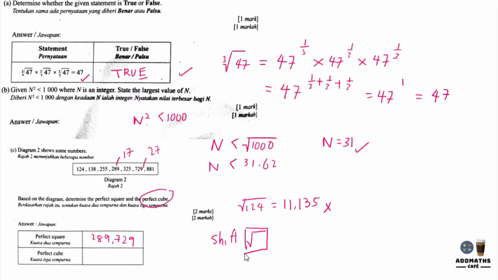Cube root of 289 will give you 6.61, not the answer. Cube root of 325 will give you 6.87, not the answer. Cube root of 729, yes, you will get 9. So this is one of the answers. Cube root of 881, is it the answer? No, you will get 9.58. So the only answer will be 729.